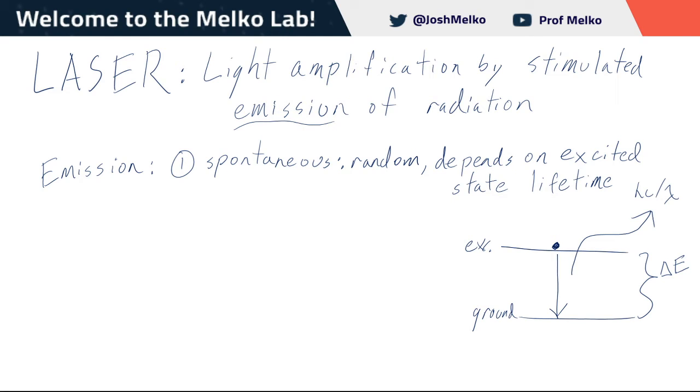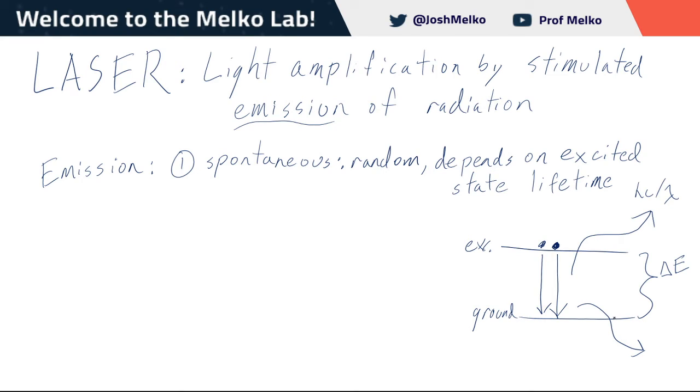One of the differences between spontaneous and stimulated emission, which we'll get to, is that the emission here is in a random direction. It's a random time frame, it's a random direction, and it's a random phase. If there's another electron here that's relaxing, there can be a second photon, maybe emitted in this direction down here.